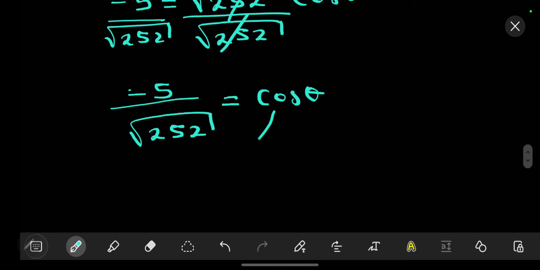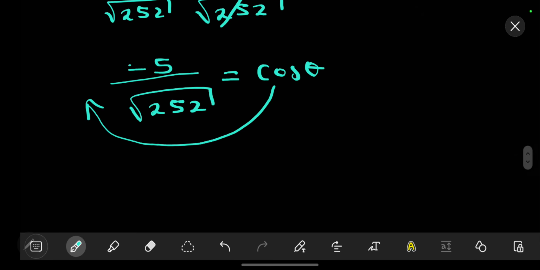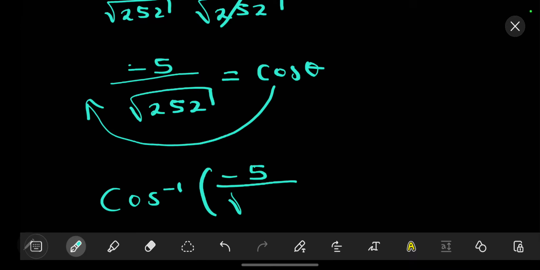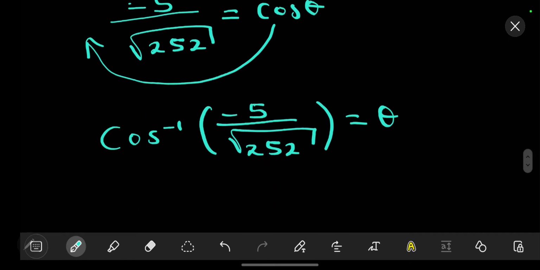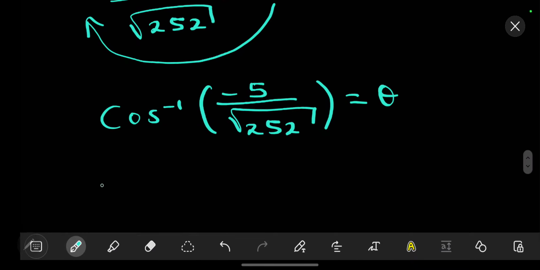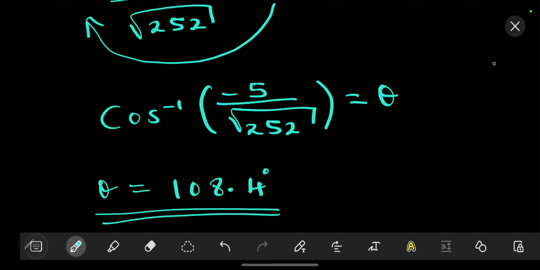We can take the cos to the other side, where it becomes cos inverse of negative 5 over the square root of 252, which should be equal to theta. When we press this on our calculator, we get theta equal to 108.4 degrees. So this is the value that we are getting for theta.